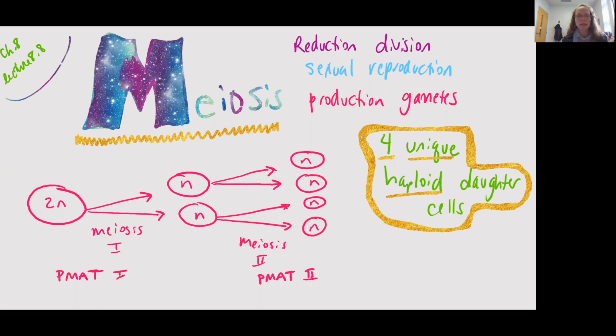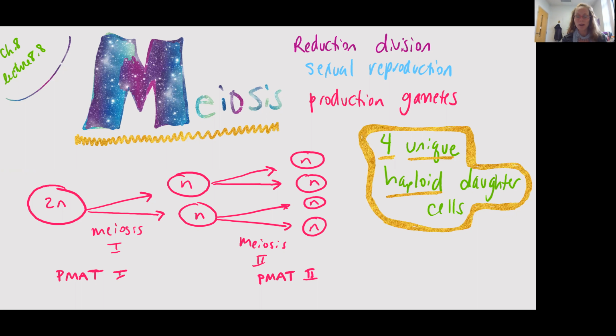How can we take a single diploid cell and divide it into 4 haploid cells? Well, we are going to take that cell through 2 different divisions. We're going to call those divisions meiosis 1 and meiosis 2. Now, each one of those divisions is very similar to what we did in mitosis.